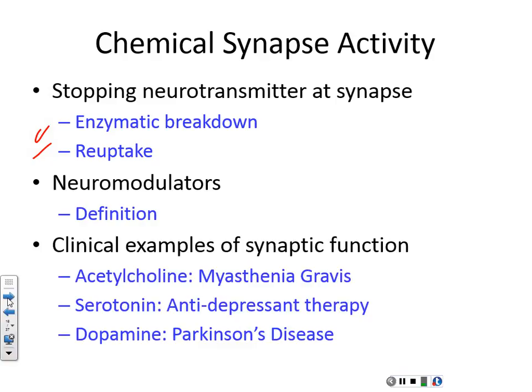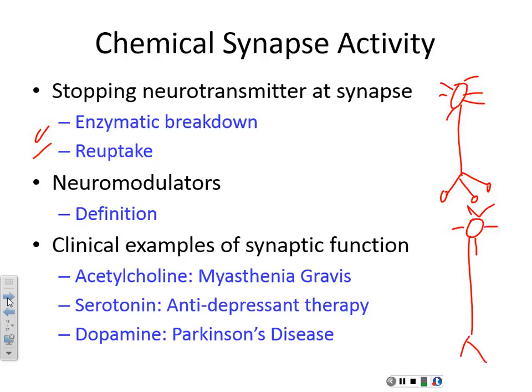So we talked about neuromodulators, right? And we said, so this is our little neuron, the presynaptic neuron, and this is the second neuron, the postsynaptic neuron. So what is modulation? What is the definition of modulators?